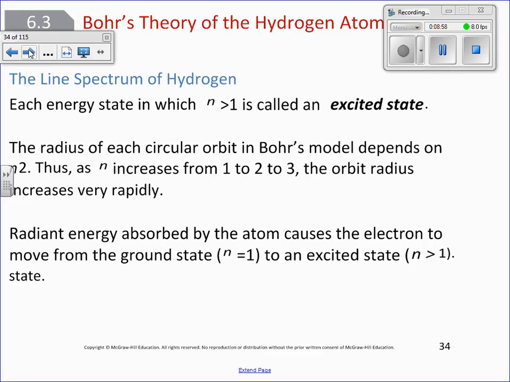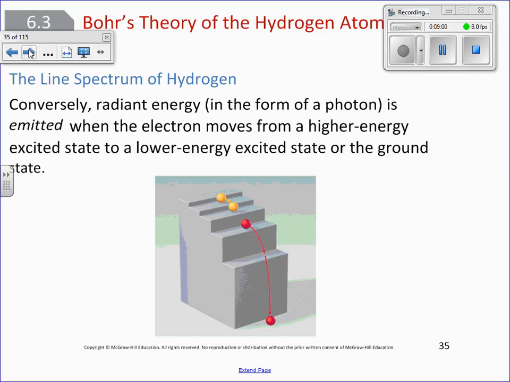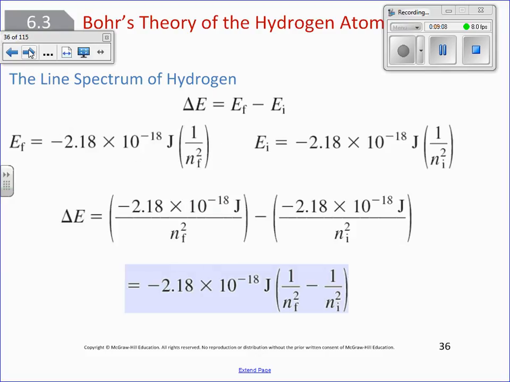So we talked about photons being emitted when it goes back to the ground state. Doing all these mathematical calculations, the final equation for the change in energy going from one state to another is minus 2.18 times 10 to the minus 18 joules times 1 over n final squared minus 1 over n initial squared.